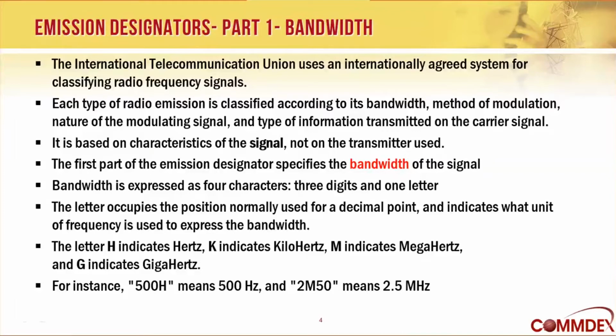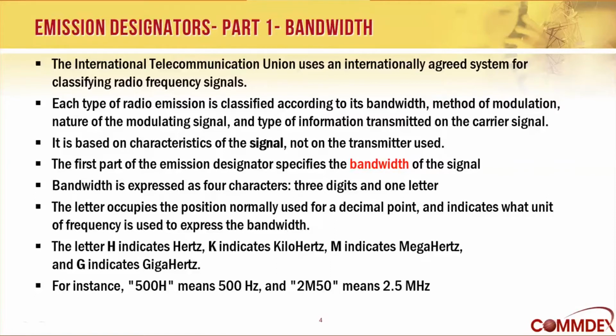The first one is the part that characterizes the bandwidth of the signal. In an emission designator, the bandwidth is expressed as 4 characters, represented by 3 digits and 1 letter. The letter is used in place of a decimal point and will immediately tell you what band you're operating in, whether it's an H, a K, an M, a G, which will stand for hertz, kilohertz, megahertz, or gigahertz.